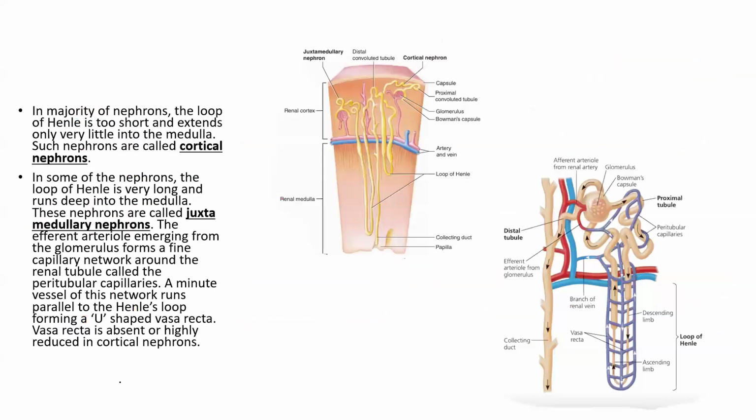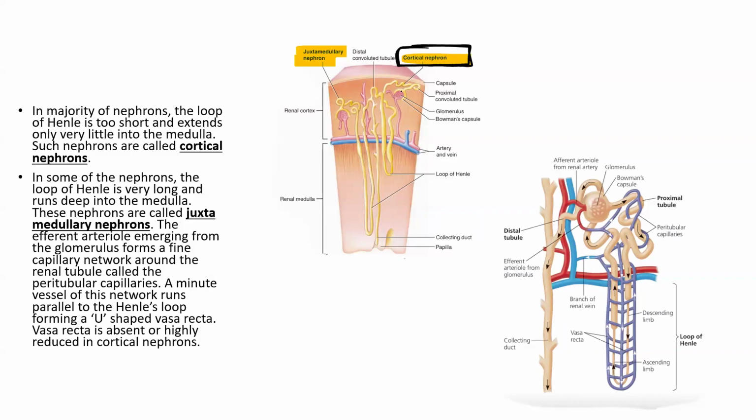So now, depending upon this, you find two types of nephrons. What are the two types of nephron? One is cortical nephron, another is juxtamedullary nephron. Cortical nephrons are those nephrons which have a very short loop of Henle.